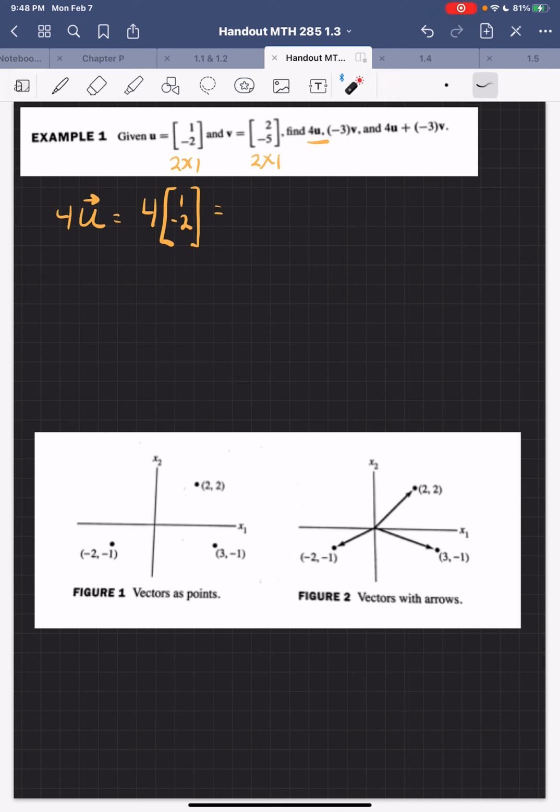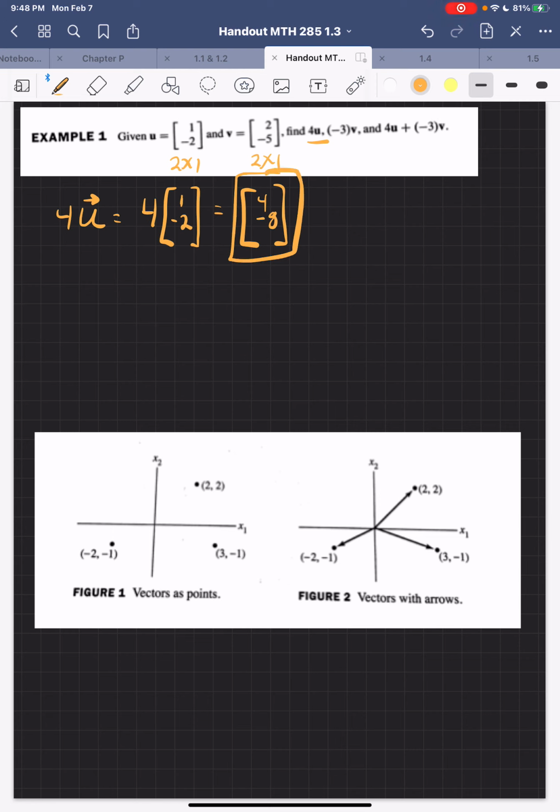It's pretty simple to scale, just like it's simple to scale a vector, it's simple to scale a matrix. Every entry inside the matrix is going to get multiplied by 4. So the result is 4 times 1 is 4, and 4 times negative 2 is negative 8. So that's the result.